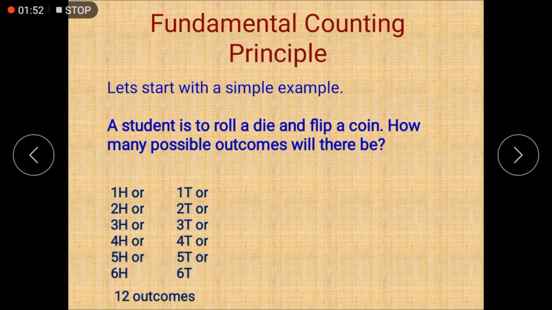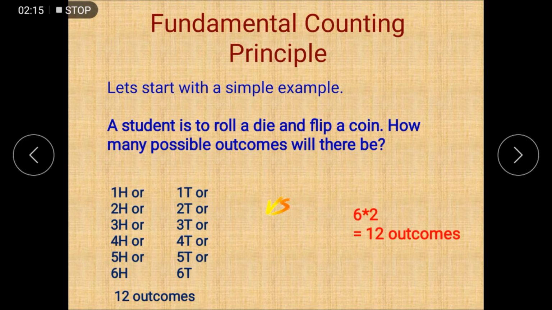Now this is a simple example when the student rolls a die and flips a coin. If we list it out, we write it down like this, 1H, and so on, then we can count there are 12 outcomes. But how to make your life easier? This is what we call the counting principle.